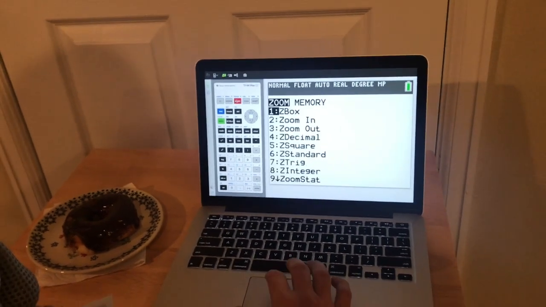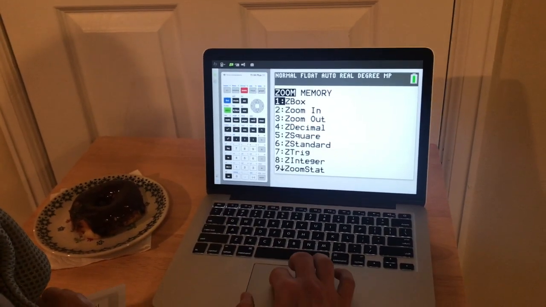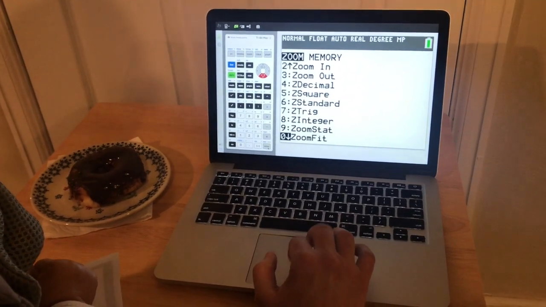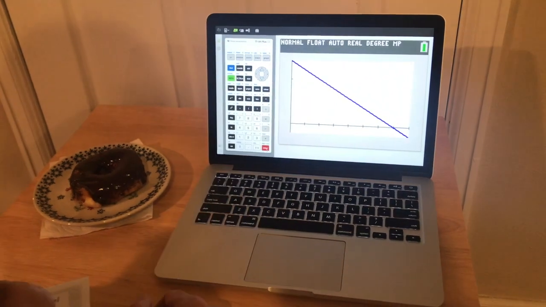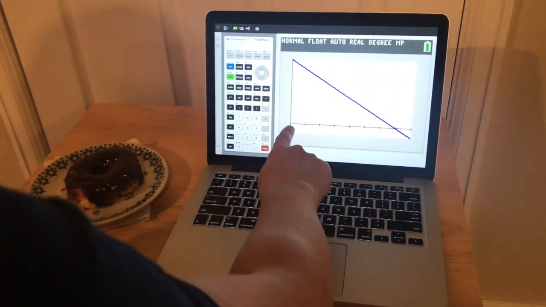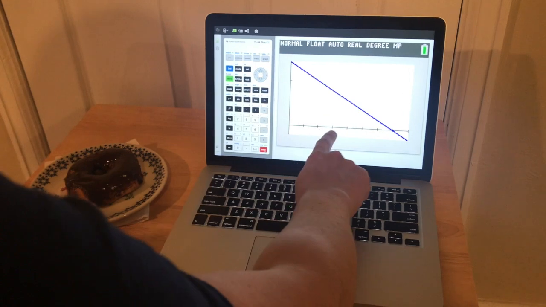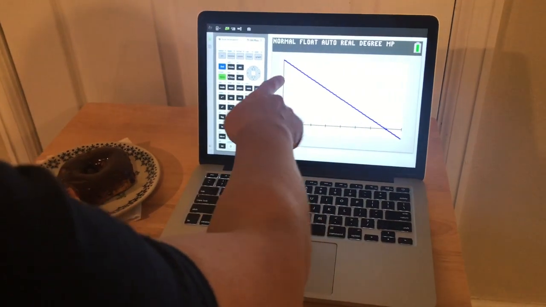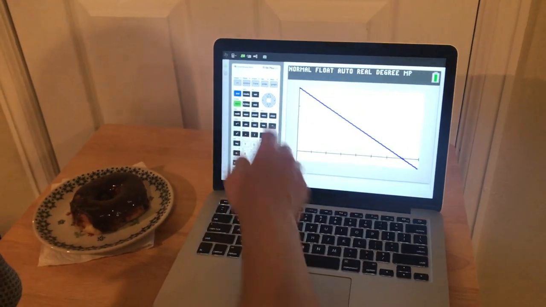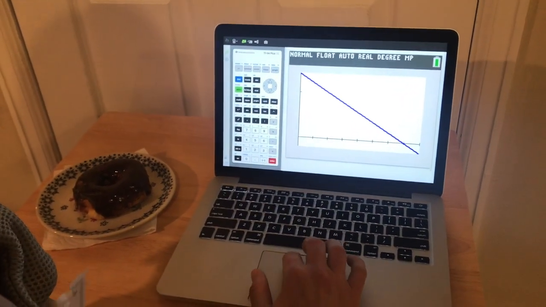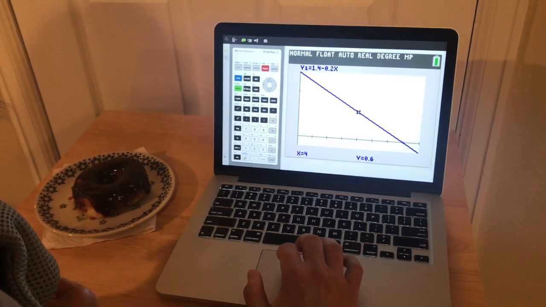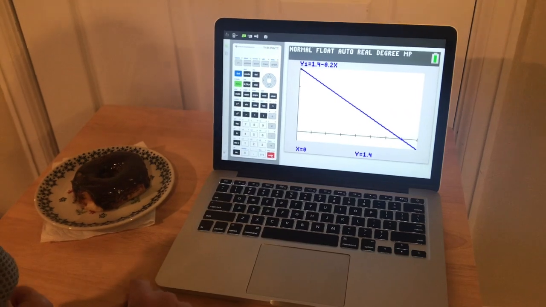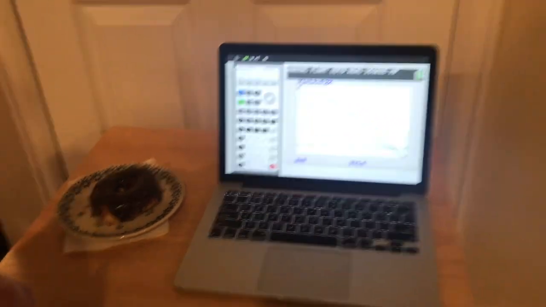Then I'm going to go to zoom, down to zoom fit, and hit enter. Okay, so we get this picture. Our x values here are 1, 2, 3, 4, 5, 6, 7, 8, and then we have y values. This is y equals 1. And if I type in trace and an x value of 0, our y output is 1.4. Okay, so we're now ready to draw this picture on the board.